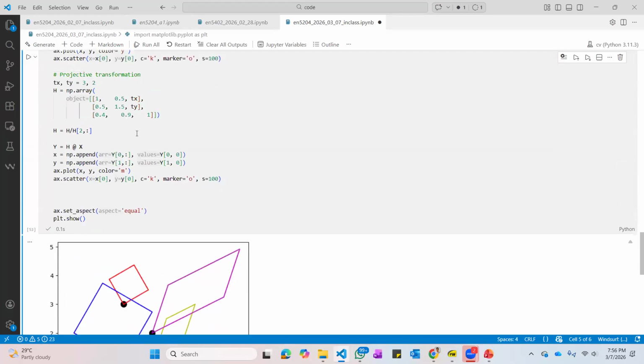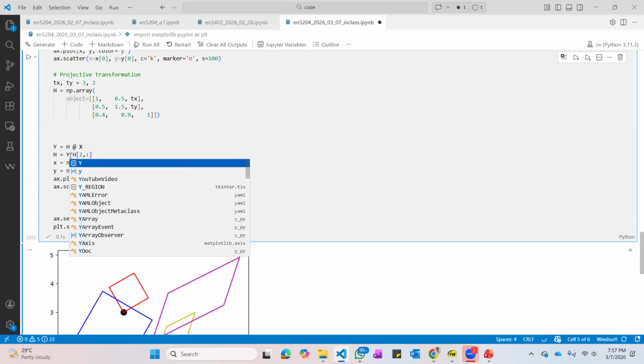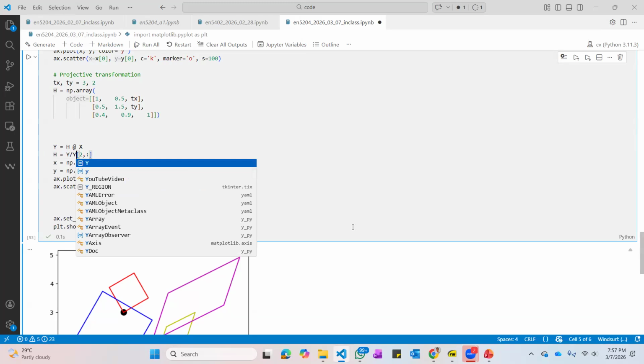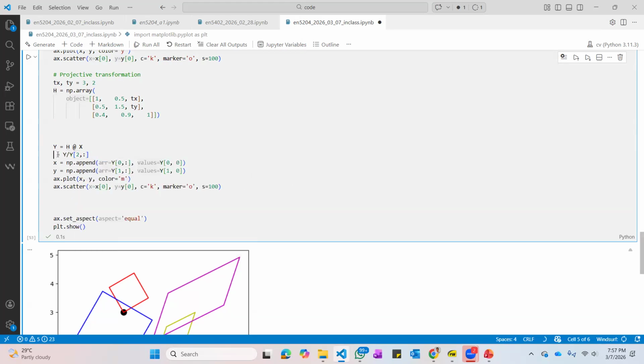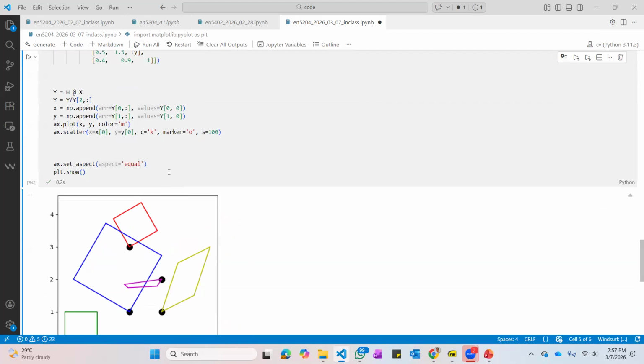I cannot show that due to some reason. I have to do it like this. So when you get y, you have to divide by the last coordinate to get the Euclidean coordinates. Now it's affected. You can see it has become just a quadrangle, right?